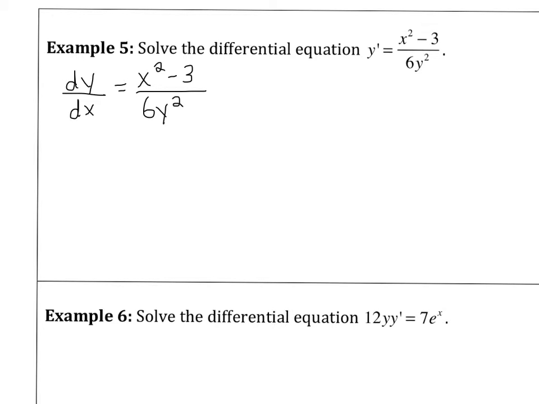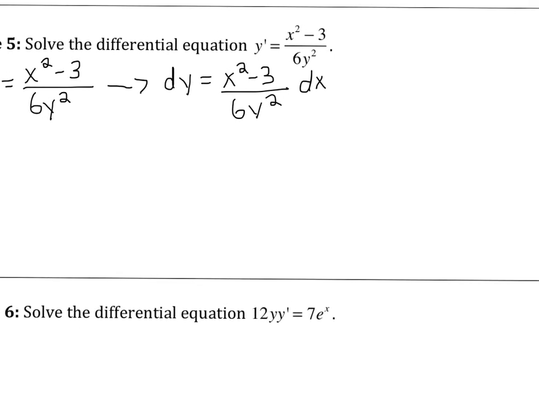All right, so now I'm going to simply multiply both sides by dx. So we'll do dy equals (x squared minus 3) over 6y squared times dx.